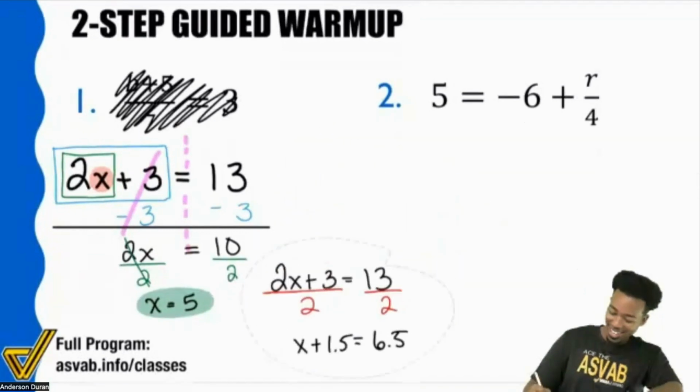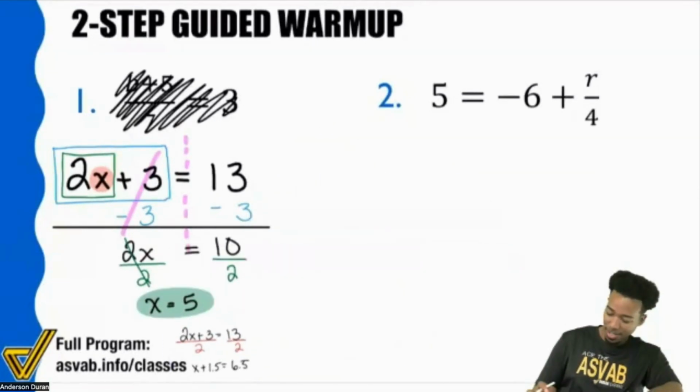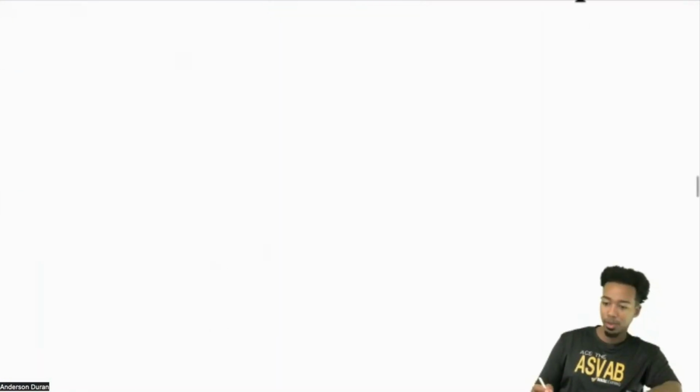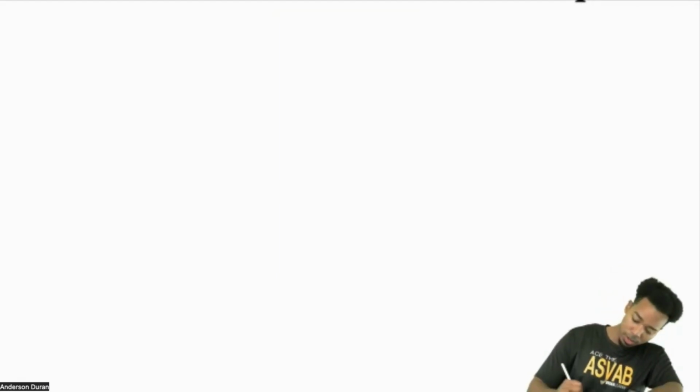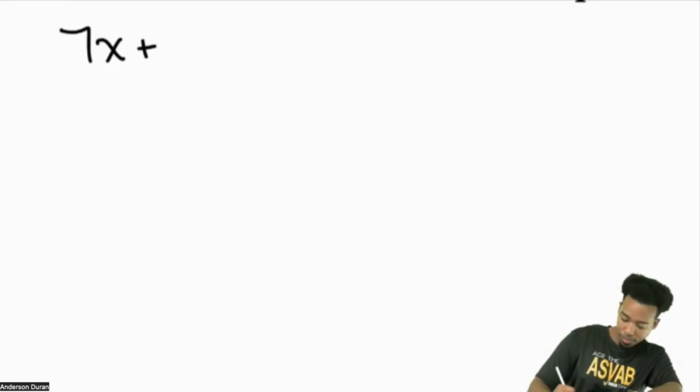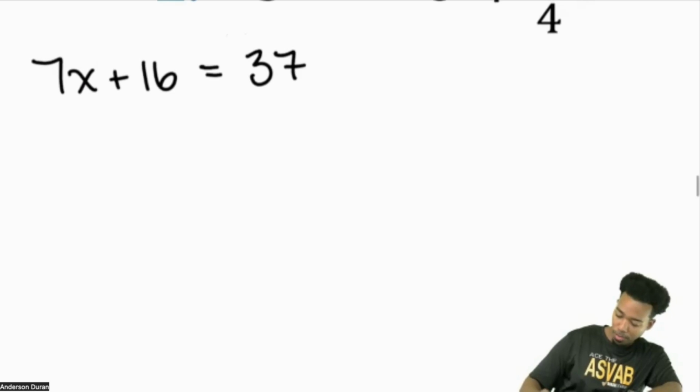So here, I'm going to move this down. And I'm going to give you a couple more examples here. Let's try this one here. Let's say we have, and then another problem over here. So this is number 1. And I'm going to give you another one here, number 2.